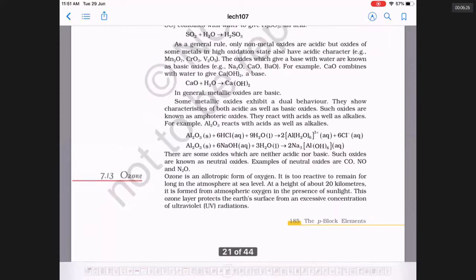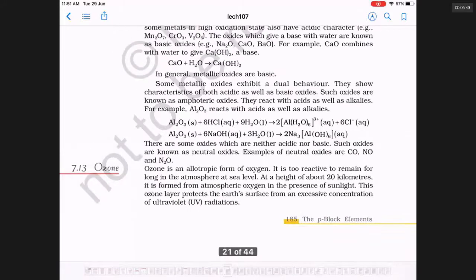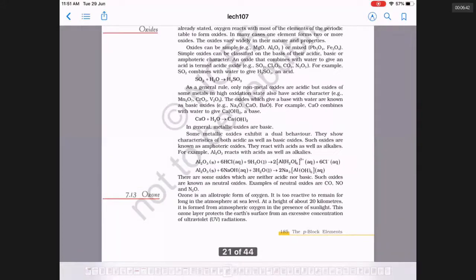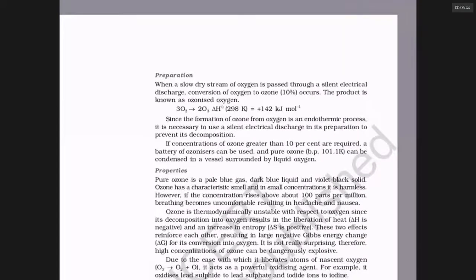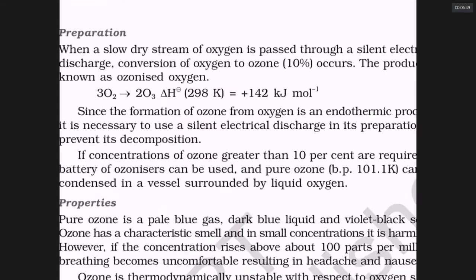Now about ozone. Ozone is another allotrope of oxygen which is there in the stratosphere, about 20 kilometers up. Ozone has a garlic smell and is diamagnetic and poisonous. Ozone is made in an instrument called an ozonizer. What is it called? Ozonizer. There are some problems on this which we will see tomorrow.